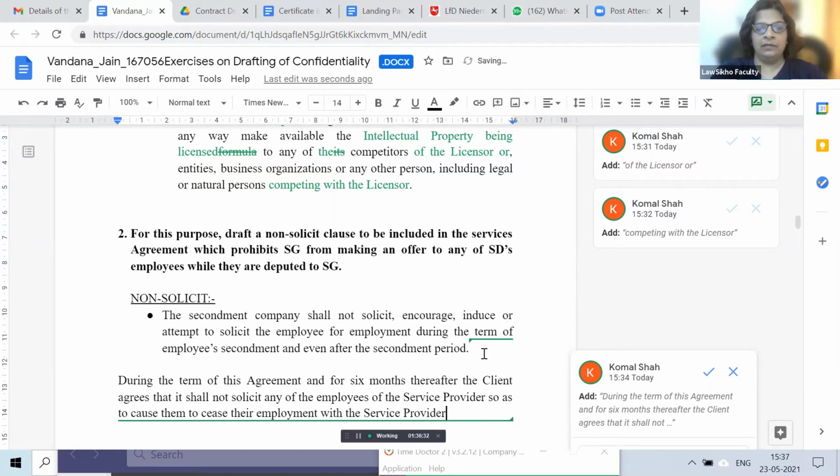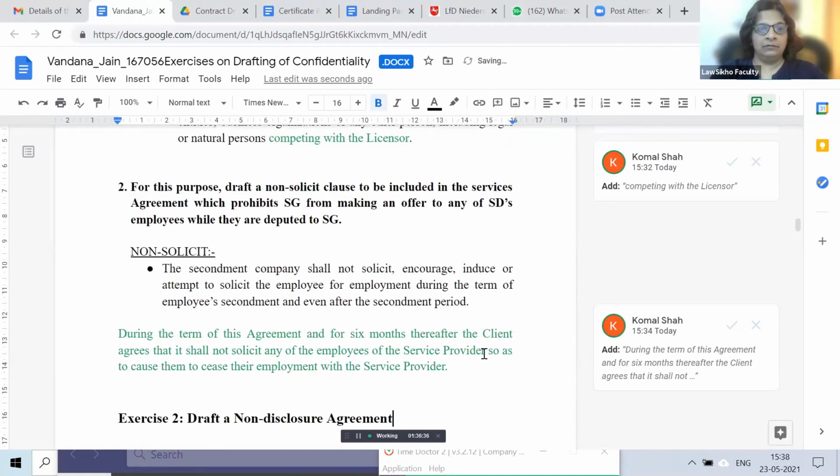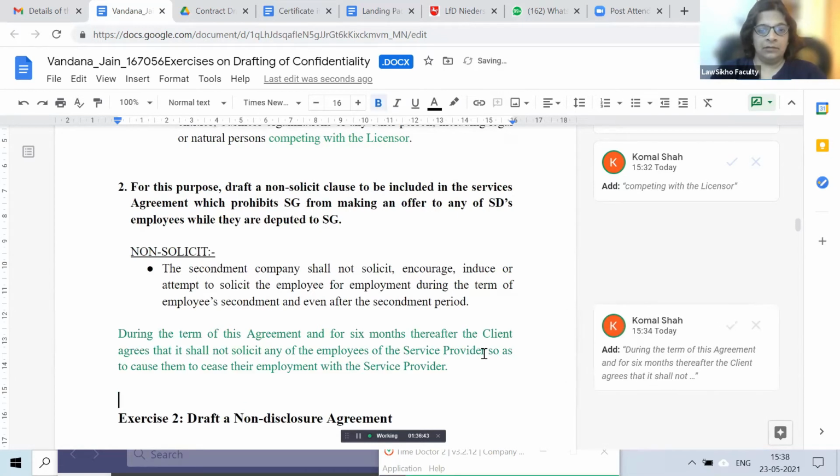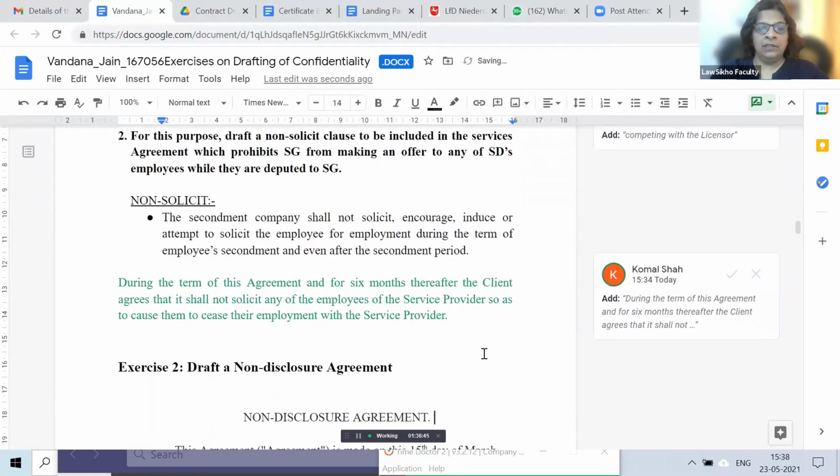Okay. Does this make sense? Okay. So it will not cause them to leave their employment with the service provider.